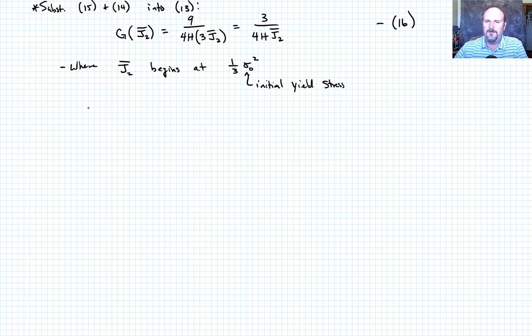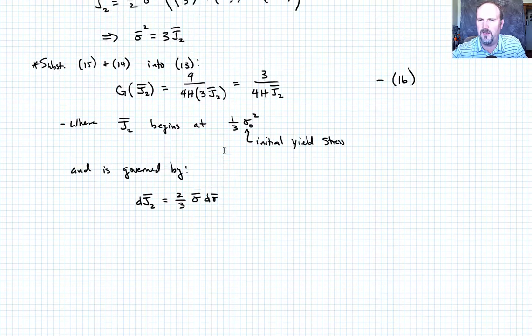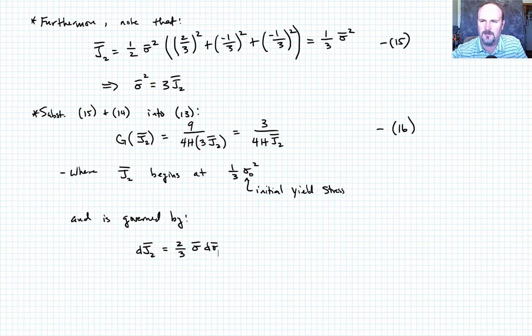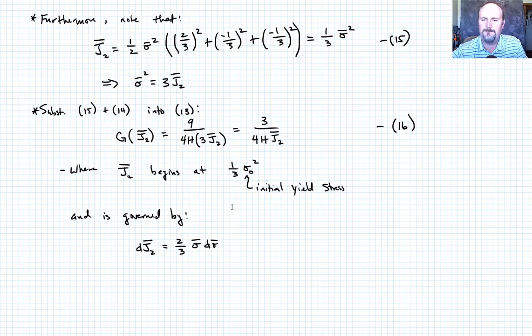And it is governed by, we can write that dJ2 bar is going to be equal to 2/3 times sigma bar d sigma bar, right? And to see that, all I did was I took the differential of equation 15, okay, and then in terms of right here, this top equation. So that's all we're doing.